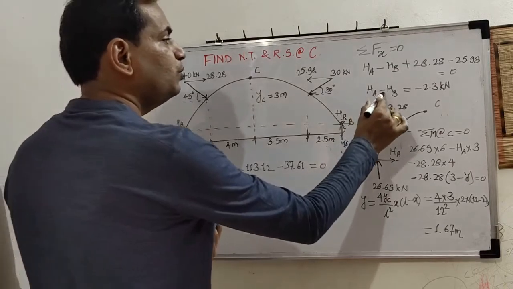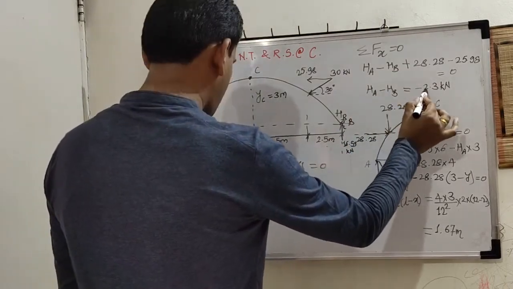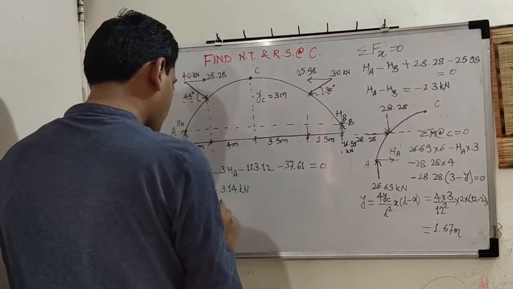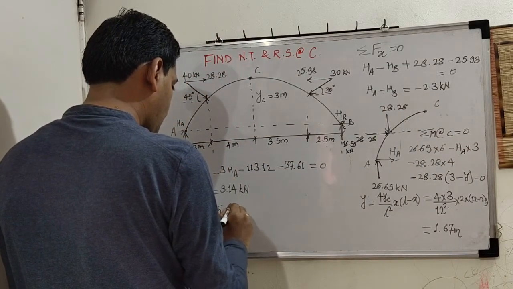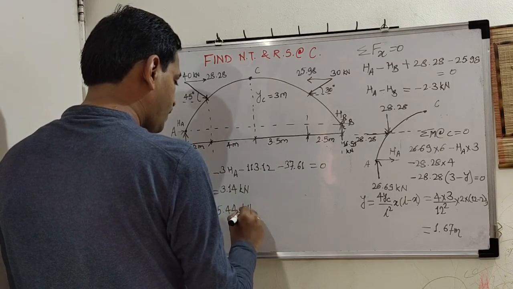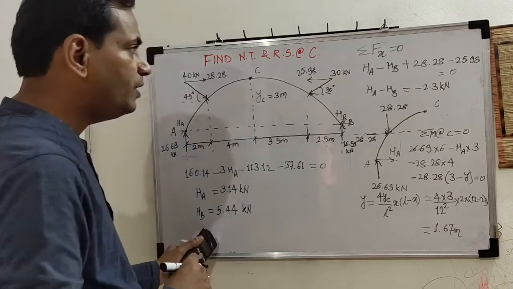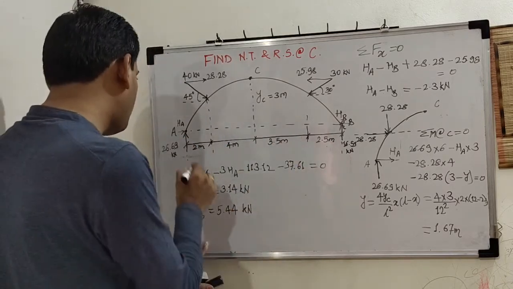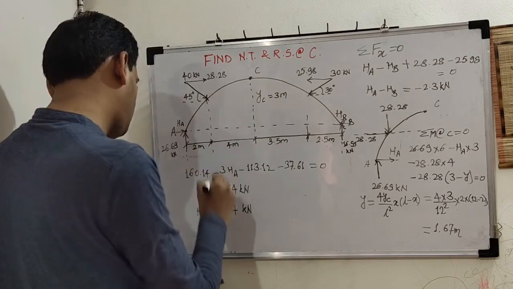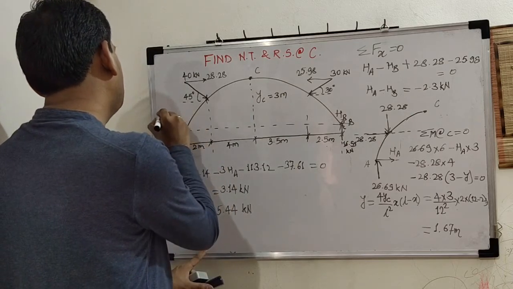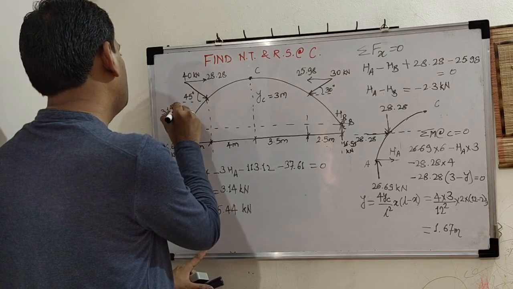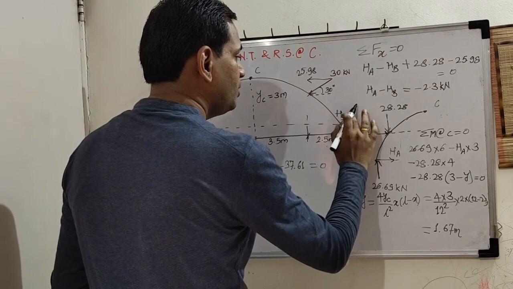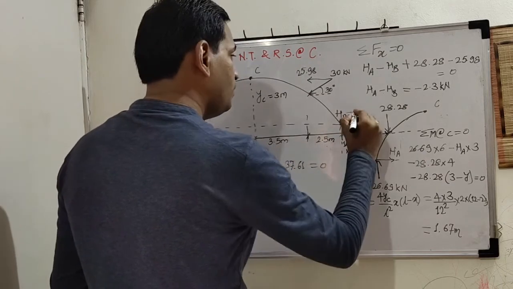So the minus sign from both ends gets cancelled: minus HB and minus 5.44. So this answer is 5.44 kilonewton. Our calculated values of HA and HB are positive. It means our assumed directions of HA and HB are correct. HA we have assumed towards right, 3.14, and HB we have assumed towards left. So HB is 5.44.